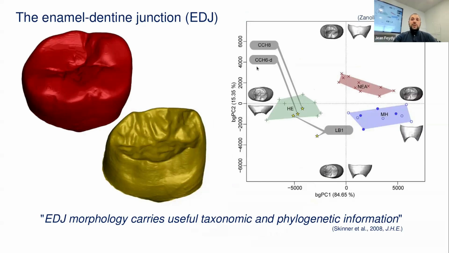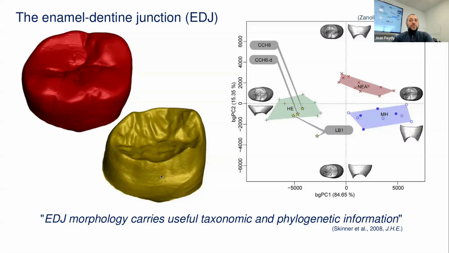So for example, using deformation analysis, we can recognize and separate Homo erectus from Neanderthals and modern humans. And we can also link some other specimens that were found in Asia and are dating to maybe 500,000 years to 100,000 years to Homo erectus.